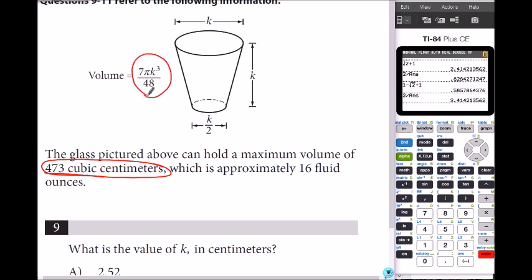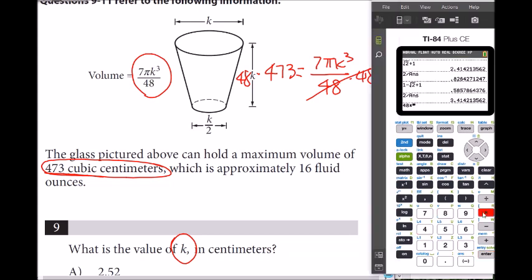They gave you that. 473 is the volume they gave you, and it is 7 pi k cubed over 48. And we are solving for k. So cross multiply. Multiply by 48 on both sides. k is the height of it. So it's 48 times 473.